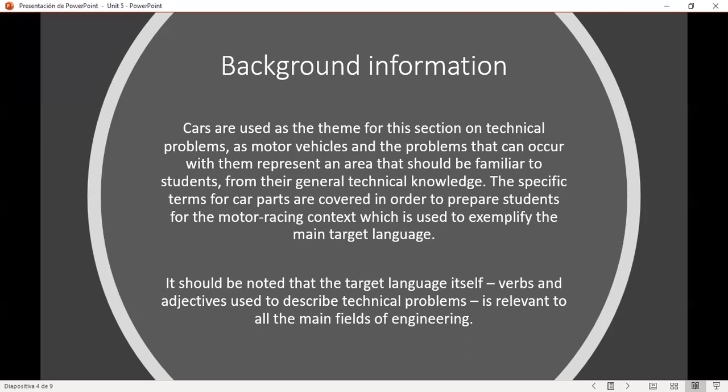It should be noted that the target language we're going to work on, like verbs and adjectives, is used to describe technical problems. We might look at them during the section, and it is relevant to all the main fields of engineering. Maybe it's not as specific to structural or civil engineering, but this language helps in general technical knowledge.